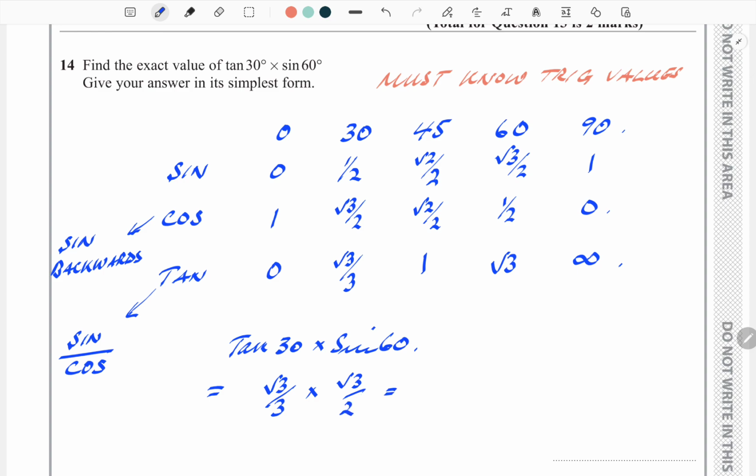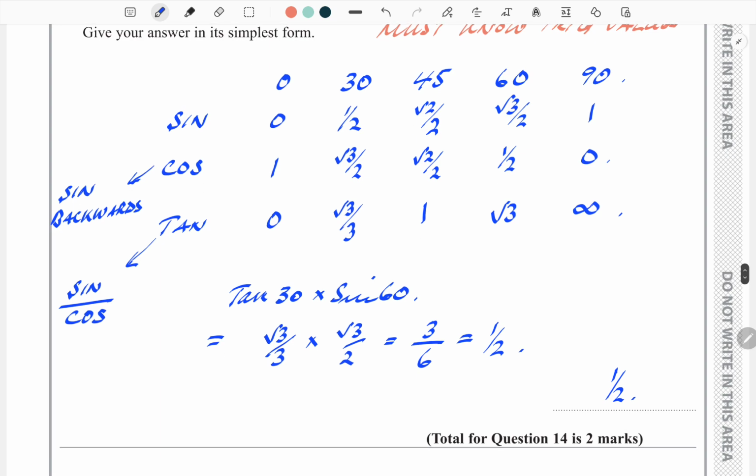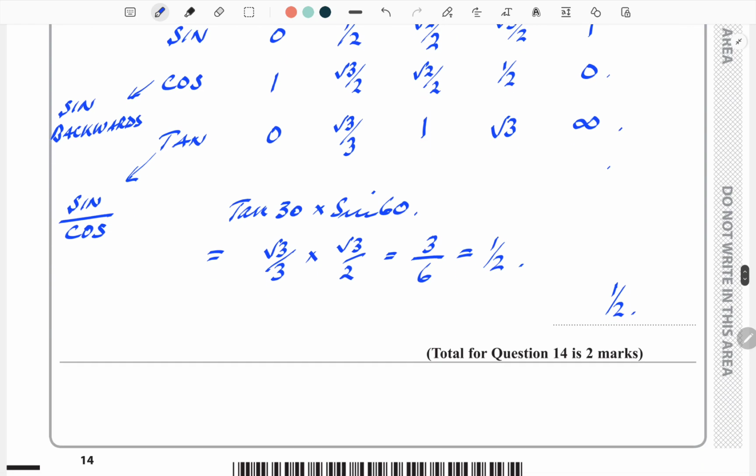So what we have is root 3 times root 3 is 3, and 6 equals a half. All right. There we go. I can't impress upon you how important it is to know your trig values. So please do use that table and try and memorize it. Practice writing it out a couple of times.